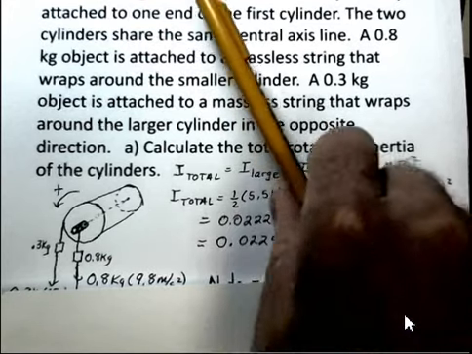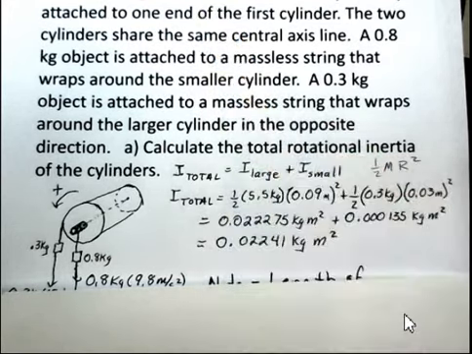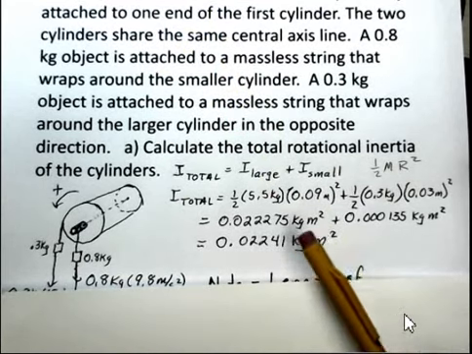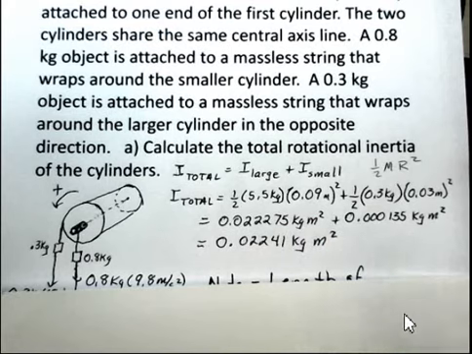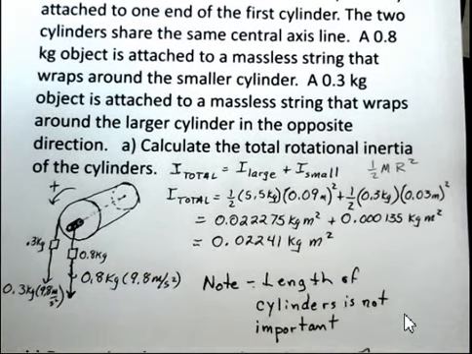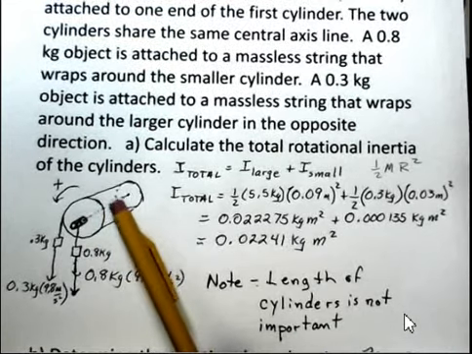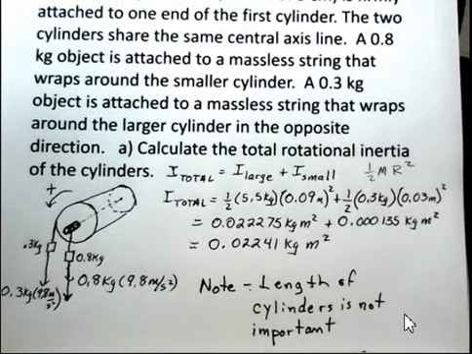What about the 12 centimeter length, the 4 centimeter length? Those numbers are given in the problem, but I don't see them in the calculation. That's because they don't make a difference. We're rotating on this axis that's the dotted line through here, and the length of the cylinder does not change the rotational inertia.